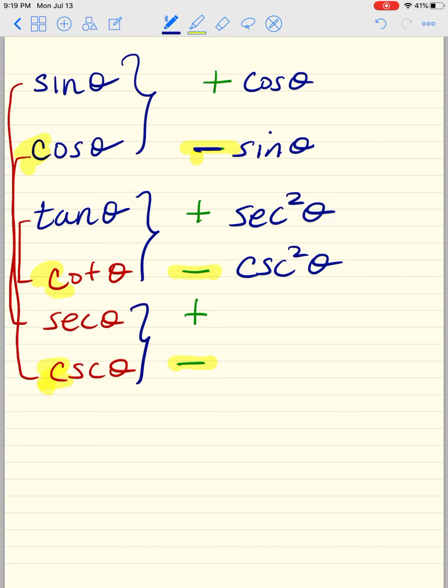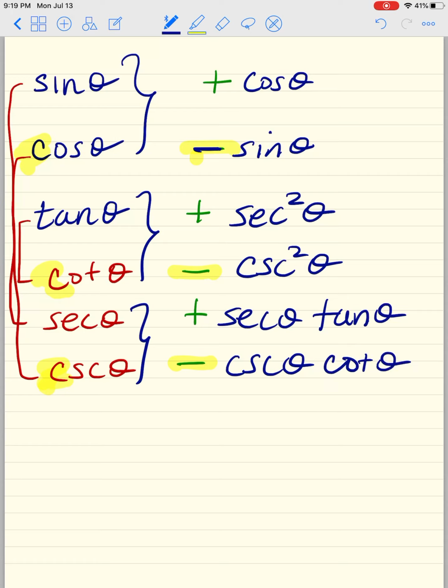Now, secant theta and cosecant theta, they are not weak and they're not powerful. They're in between. So they actually get themselves and someone else. Well, guess who secant gets? Secant gets tangent. And guess who cosecant gets?